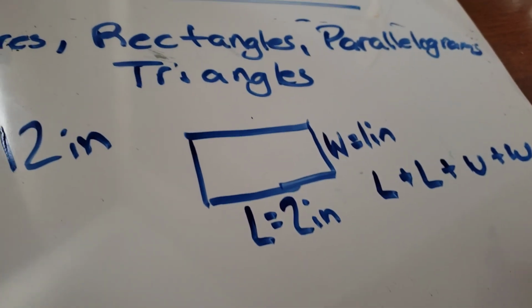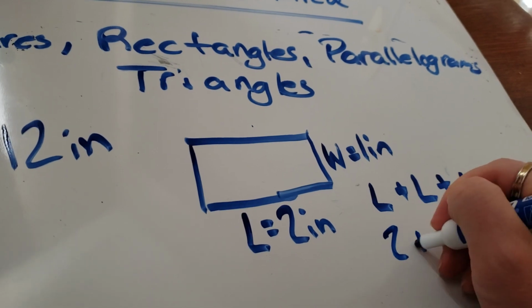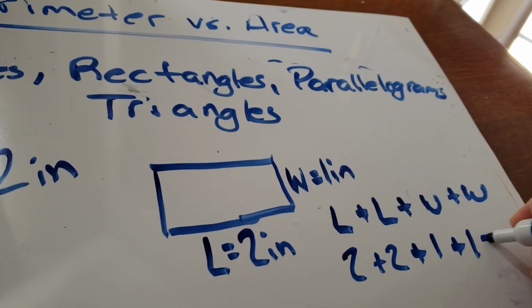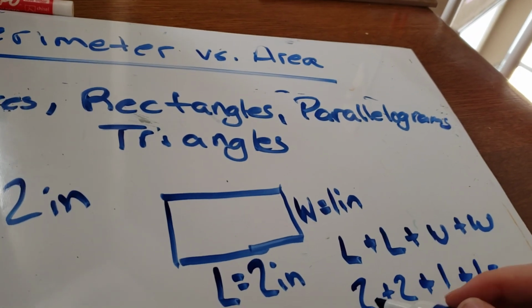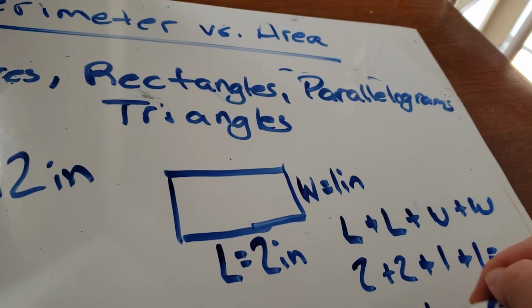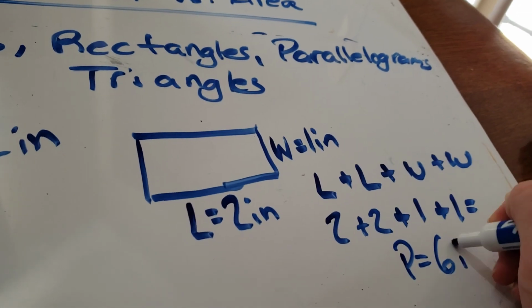So for this particular rectangle, we take 2 plus 2 plus 1 plus 1. We'd add that up. We'd get 2, 4, 5, 6. So our perimeter would be 6 inches.